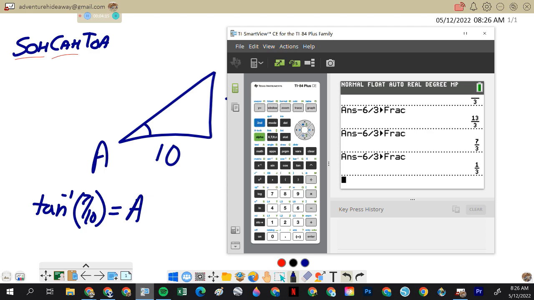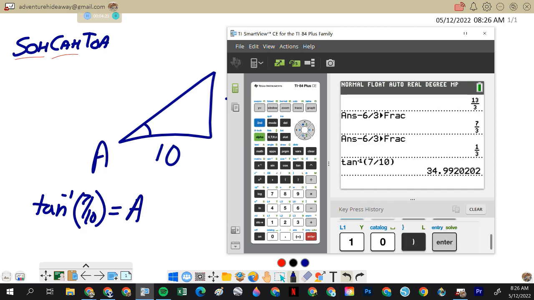So the tangent inverse button is just found by doing second tangent of 7/10. 35 degrees. So what you need to remember is, if you know the angle, then you use the sine, the cosine, and the tangent buttons. If you want to know what the angle is, then you use the inverse buttons.